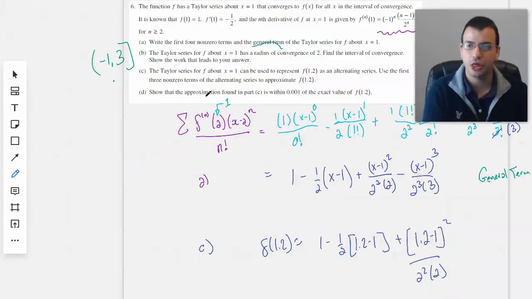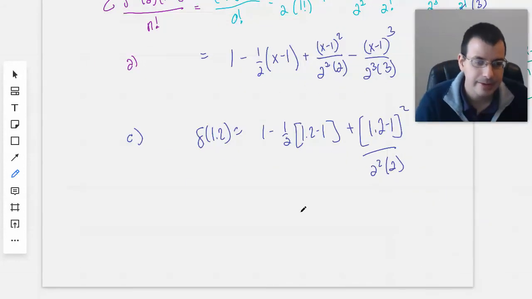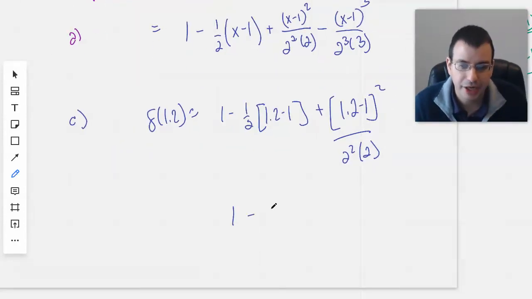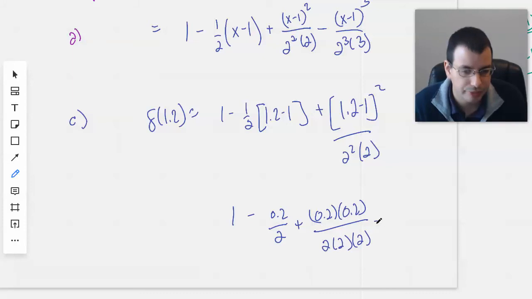And this is the first 3 terms. So then we'd have 1 minus 0.2 over 2 plus 0.2 squared all over 2 times 2 times 2.